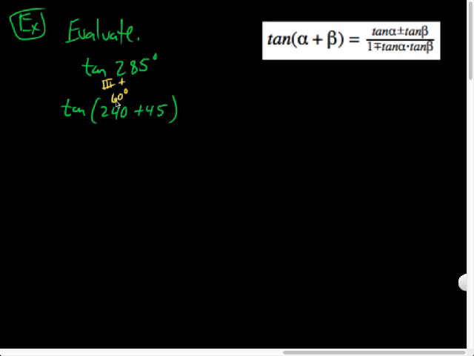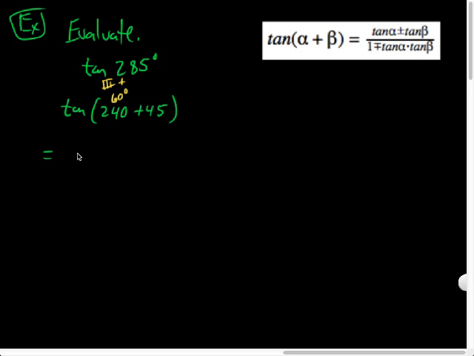So positive, equal to 60 degrees, the reference angle for 240. So this actually would end up being the same as 60 plus 45. I could actually plug 240 in here and then throw the reference angle in afterwards, and that's fine. And in those cases, if tangent was negative in those quadrants, I'd change those signs respectively.